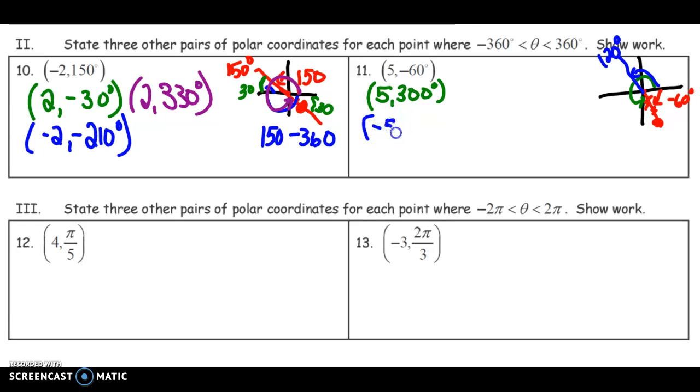So it could go backwards from 120 degrees. So if I went backwards from 120 degrees, if I go clockwise around the circle, 120 minus 360 would give us -240 degrees.